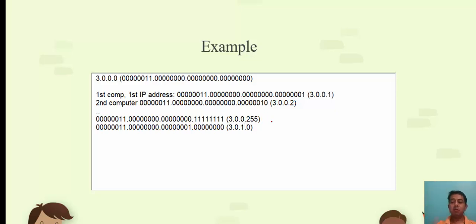So a huge number of computers can be connected in class A. I can go on like this, connecting computers one after another and giving numbers to them. What is the last number? The last number is, theoretically, when every bit is 1.